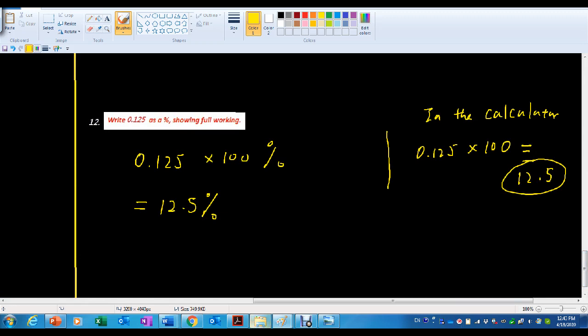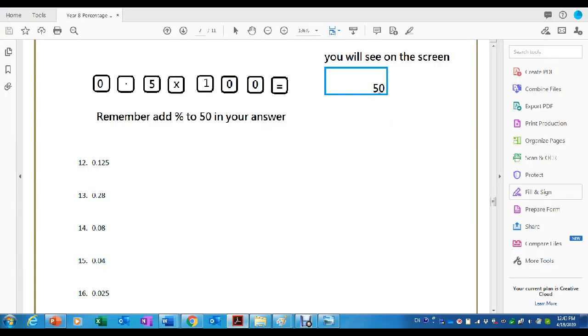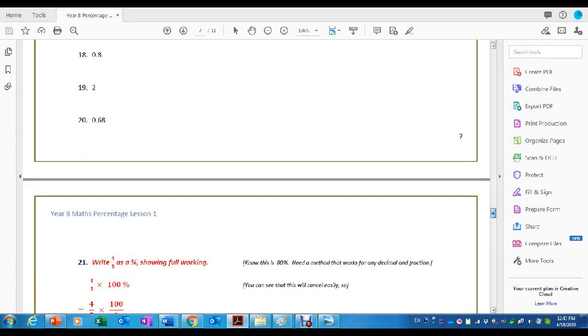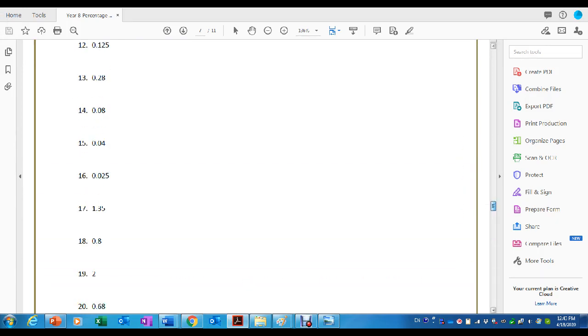Can I ask you to do the rest of the exercise on page 7. You might try some of them. If you don't understand, go to the collaboration area and just write your question there.